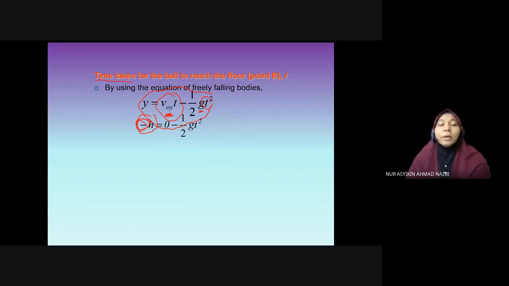Once you miss putting this, you can still get a time here, but that does not explain the time taken for the ball to reach the floor. It would show that it is falling from a height above instead. So that's the difference: here the displacement is downward, meaning it falls, not goes up.